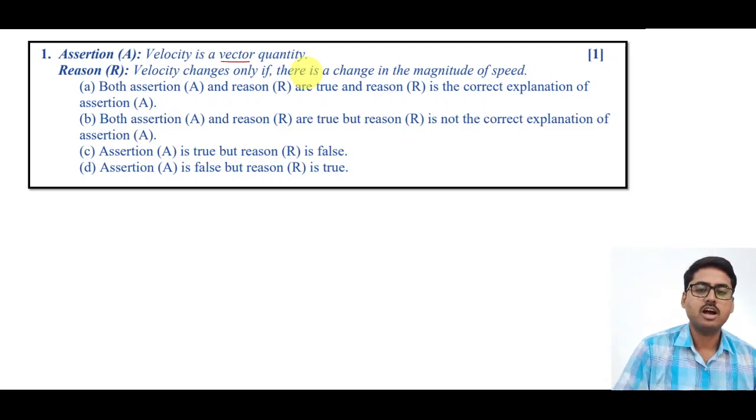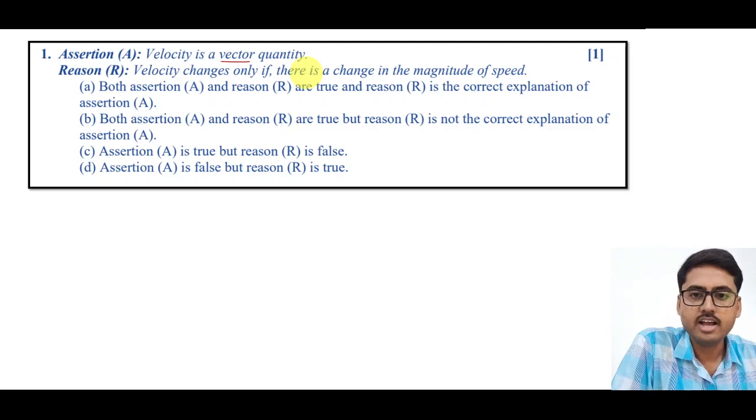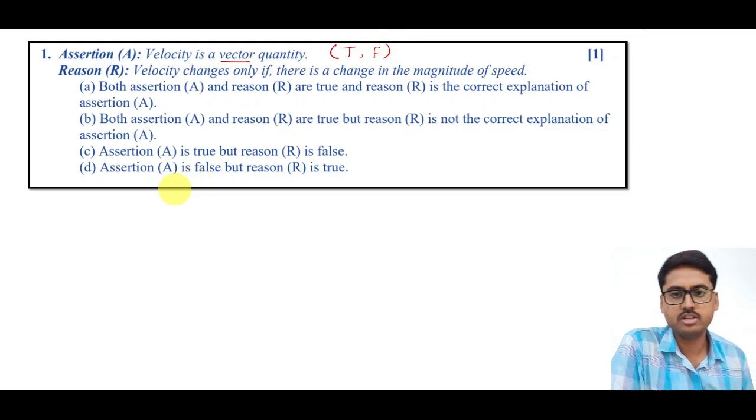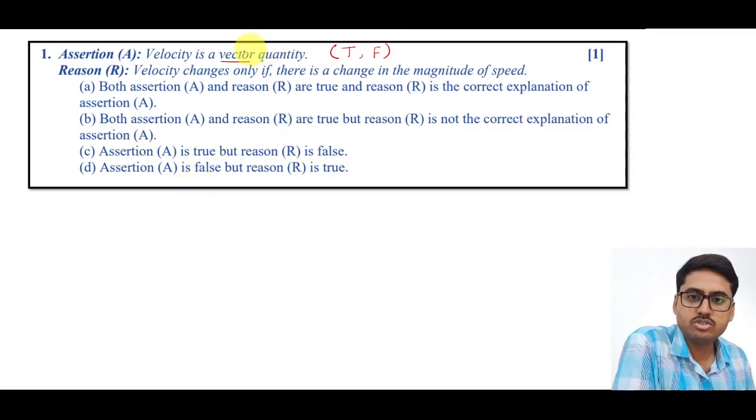Well, children, how I solve any assertion reason question is like this. I read the statement like this: velocity is a vector quantity, and I solve it as a true and false statement. So you have to see whether this statement is true or false. Well, this statement is true, as you know.